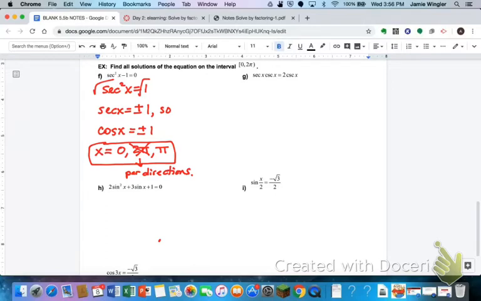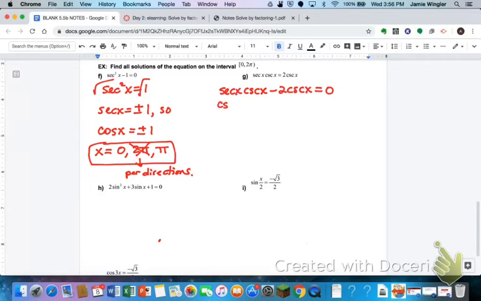So moving over here to G, on G we are going to have to set this equal to 0. So we need to subtract 2 cosecant first. So you get secant of x, cosecant of x, minus 2 cosecant of x equals 0. If you don't know where to start, set your equation equal to 0 and see what you can do algebraically.